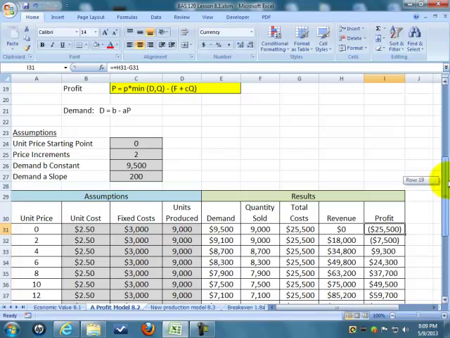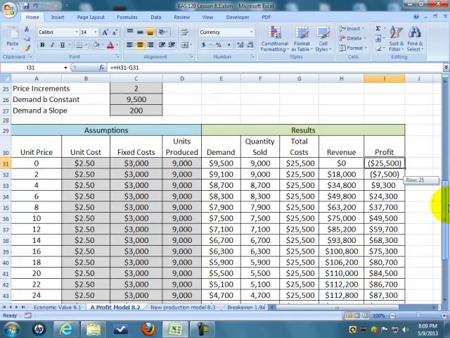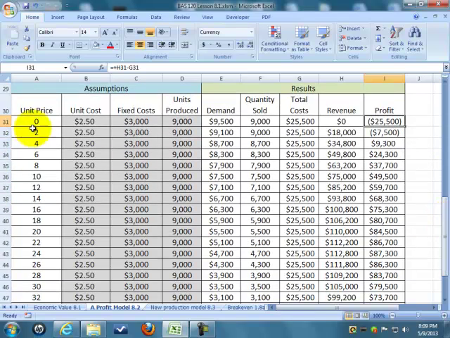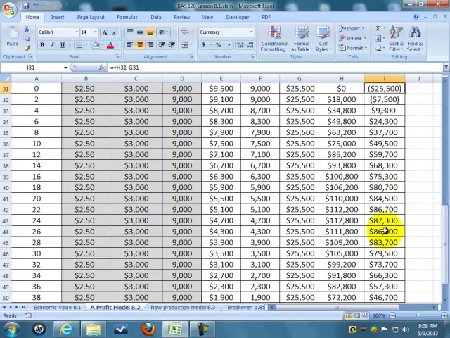Hopefully you're getting familiar with all these interesting things as you look down. Note we begin to make profit, and then just like in the first section of these courses, our profits are maximized somewhere around, eyeballing this, a price of 24 per unit.